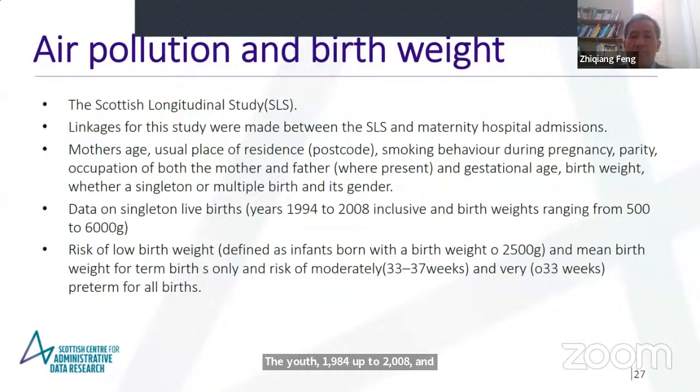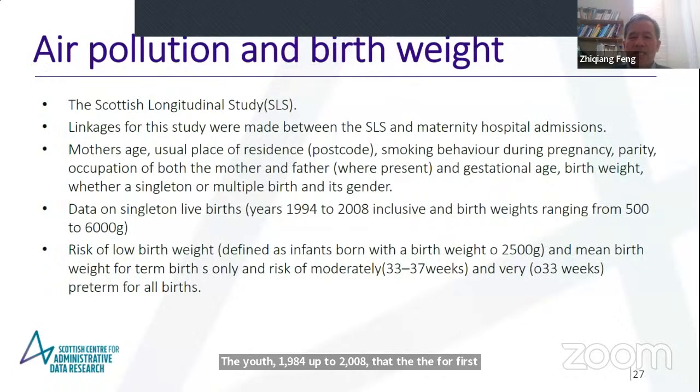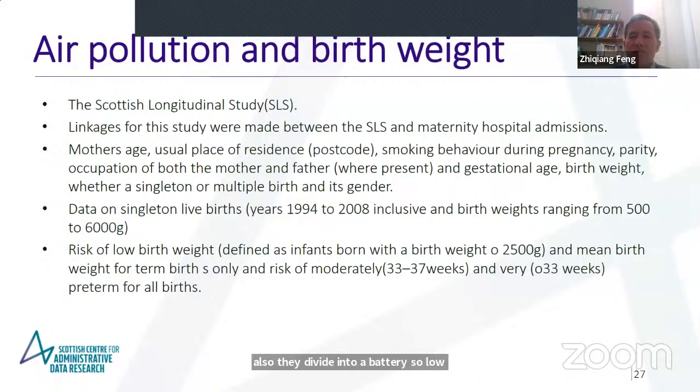And for birth weight, they have used birth weight in grams, and also they divide into a binary, so low birth weight is under 2,500, and they also use the continuous measure of birth weight as well.